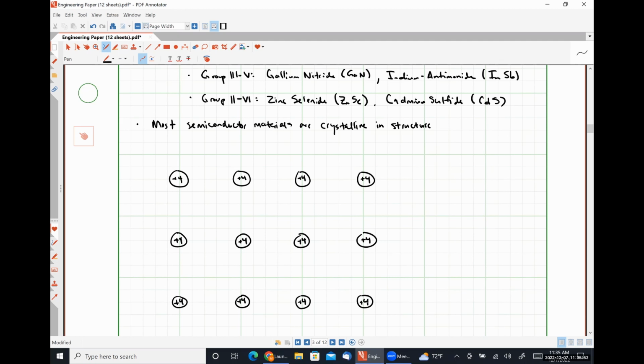Each of these silicon atoms has 4 electrons in its valence band. So what that means is that covalent bonds are going to form between each silicon atom. So they're effectively sharing an electron to fill up their structure.